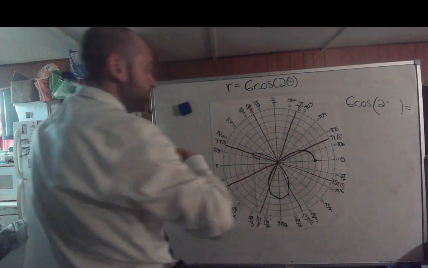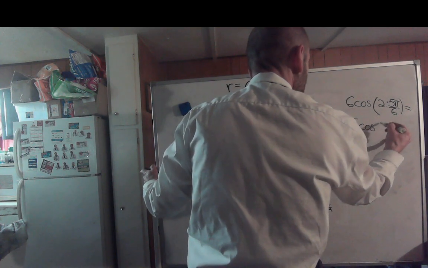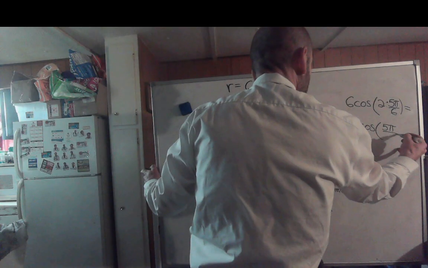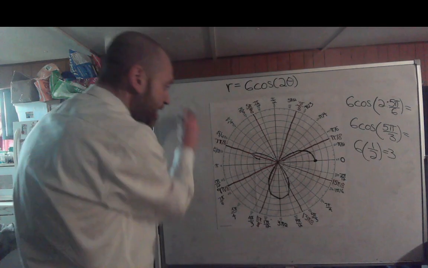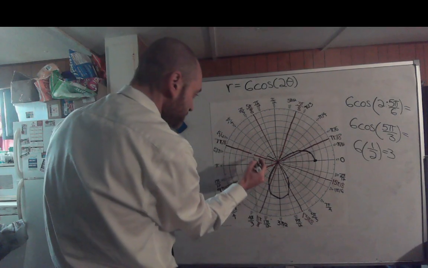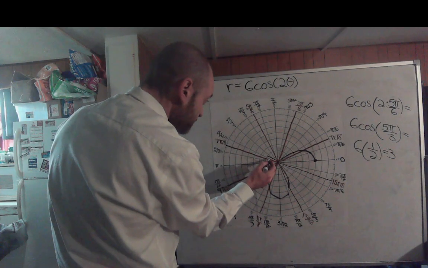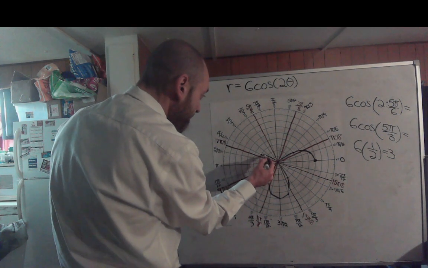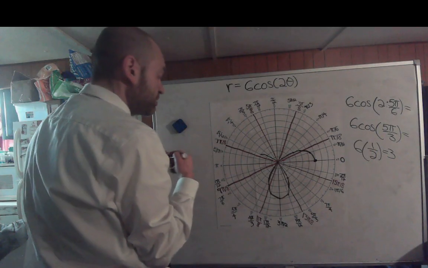See, it's easy to skip values. 2 times 5 pi over 6, so that's going to be 6 times the cosine of 5 pi over 3, which would end up being 6 times 1/2. All right, that should give me 3. That's where I went off track. See, if you're not paying attention, this is actually a good teaching moment, because 5 pi over 6 would give you 3. There we go. That makes more sense. And then 7 pi over 8. Okay.